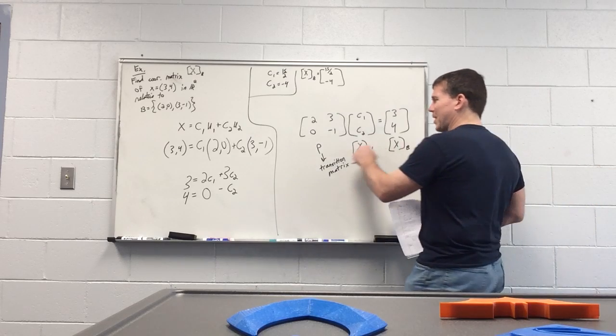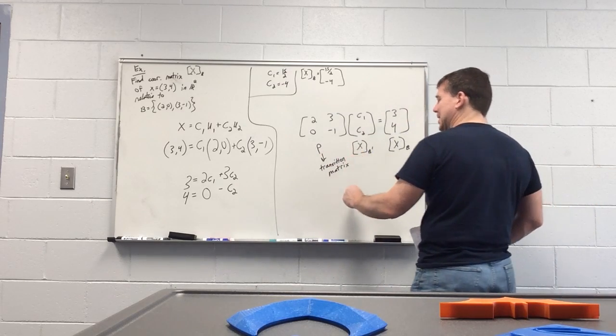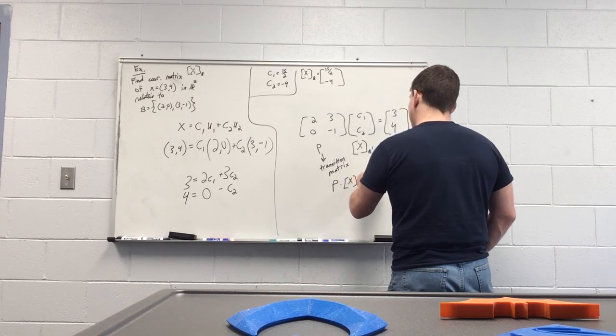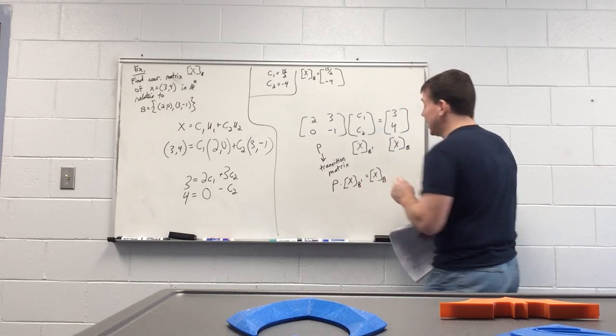If I write this as an equation, understanding that P is a matrix, I get P times [x]_B' equals [x]_B.